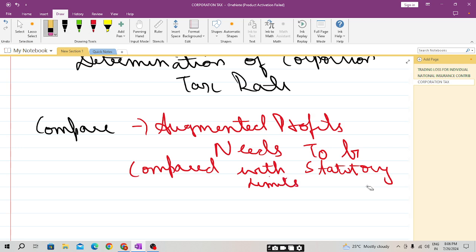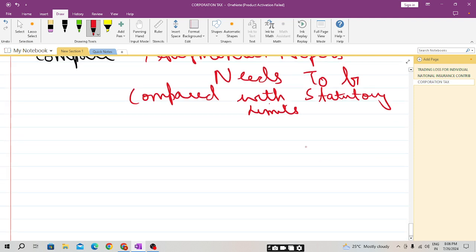I hope this point is clear. As we have already seen, to identify the corporation tax rate, we need to compare the augmented profits with the statutory limits.